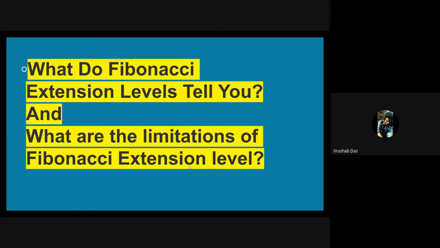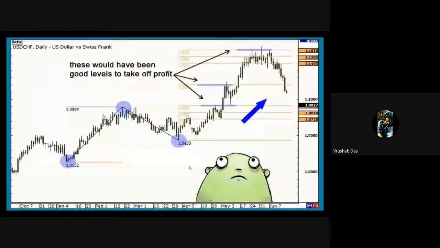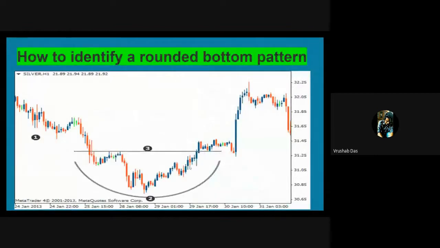Now I will move on to the next topic, identifying the rounded bottom pattern. This was the example of Fibonacci extension. Now, how to identify a rounded bottom pattern. First, the thing you will see is a downtrend.